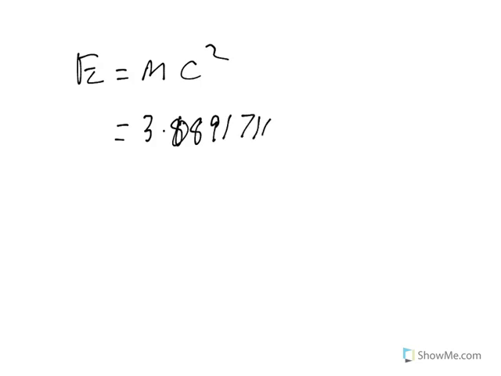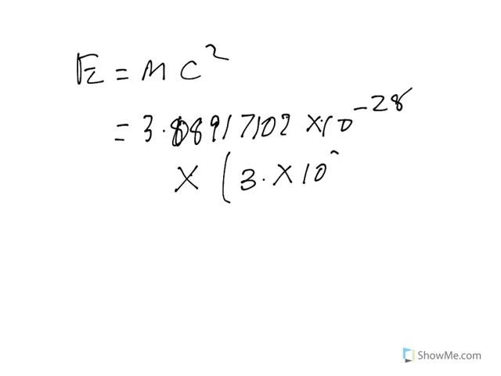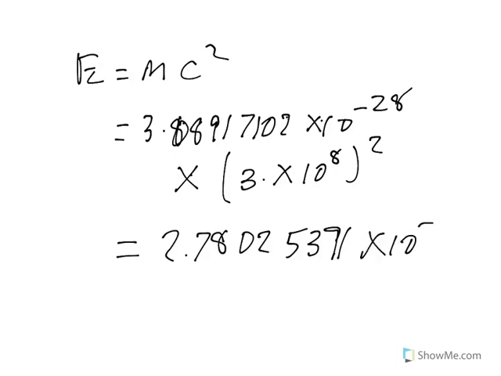And if we use E equals mc squared, and we say that the mass has dropped by that much, and we multiply that by the speed of light, which is 3 by 10 to the 8, and square it, you end up with, as I said, 2.78025391 by 10 to the minus 11 joule.